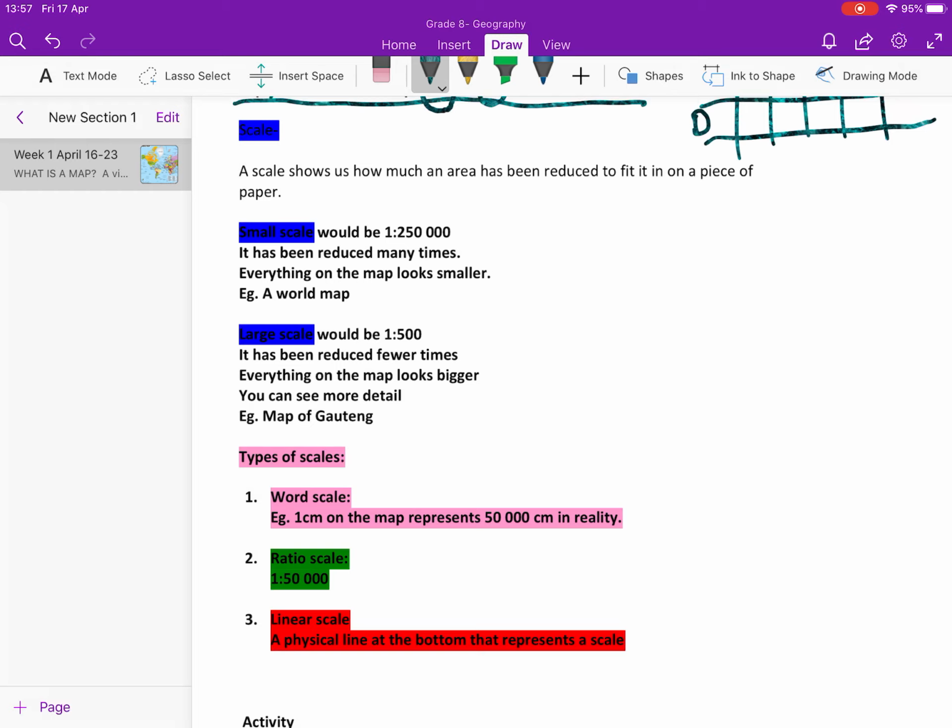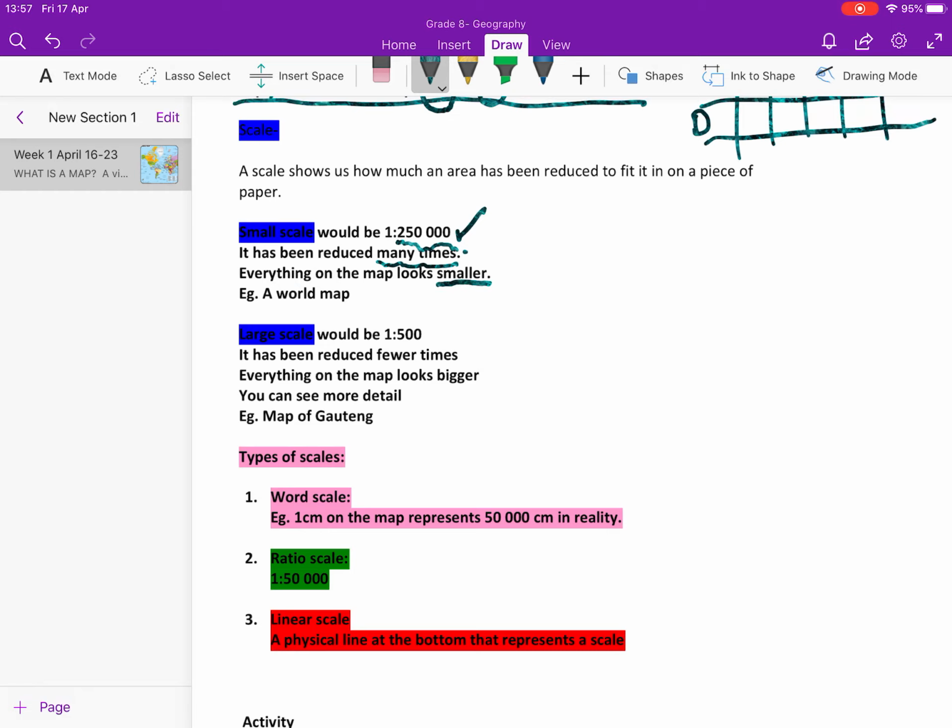So if a map has a small scale, for example 1 to 250,000, it means it has been reduced a lot of times, many times, because it's a bigger number. Everything on the map will look smaller, very important.